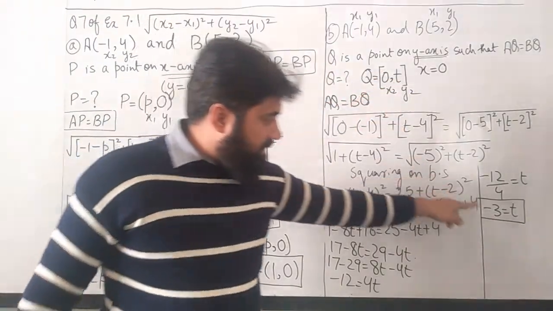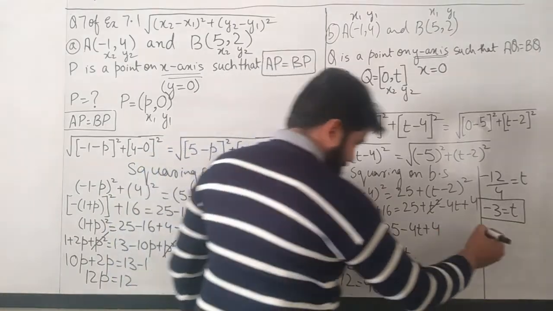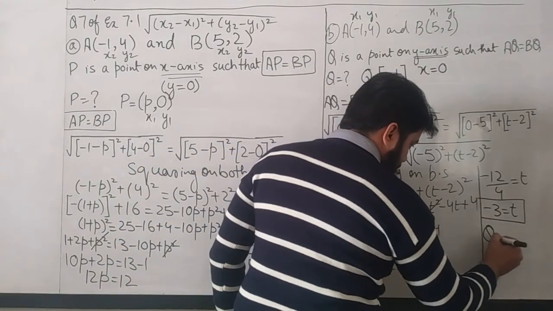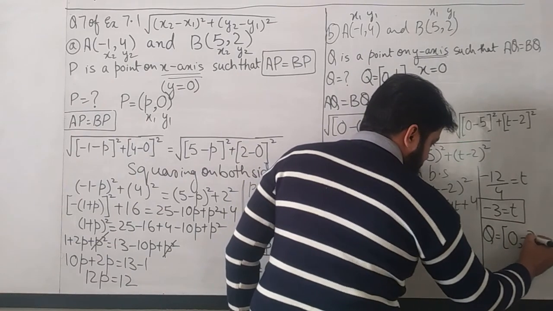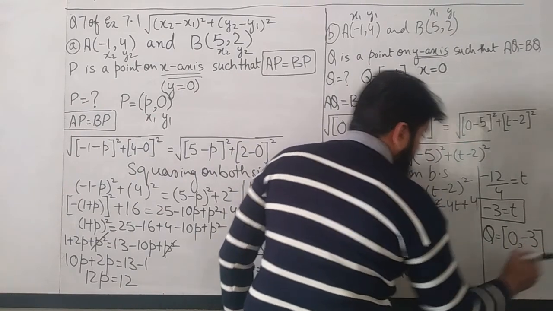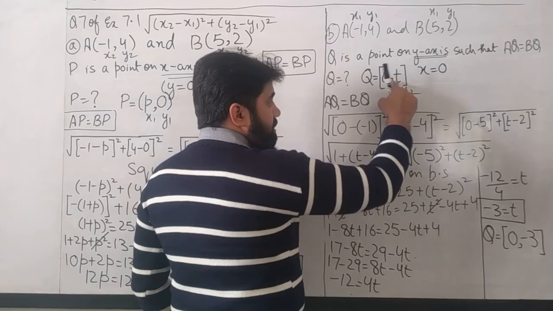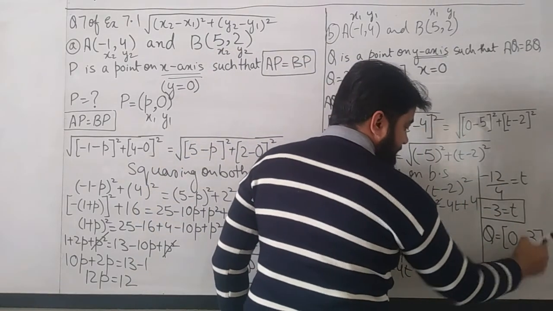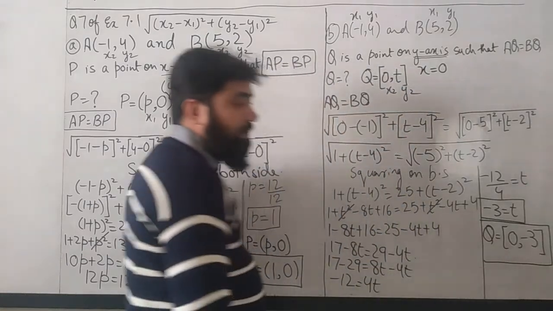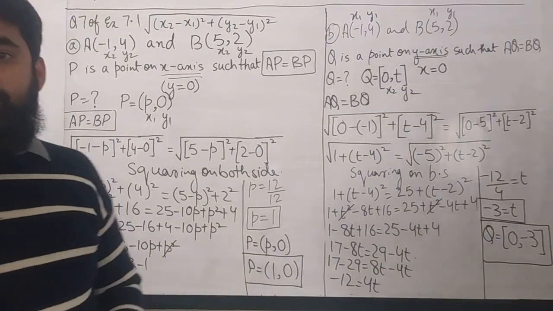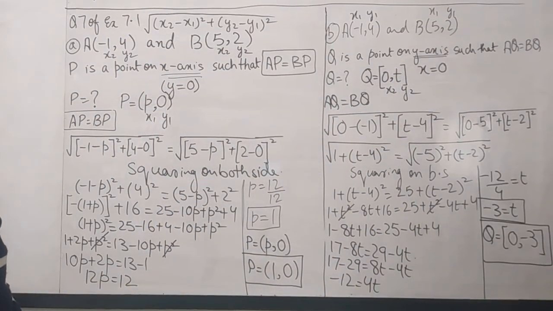So in place of this t I am going to put it, Q equals to 0 comma minus 3. Q was 0 comma t, so in place of t I have written minus 3, so Q equals to 0 comma minus 3, and this is going to be your final answer for this one.